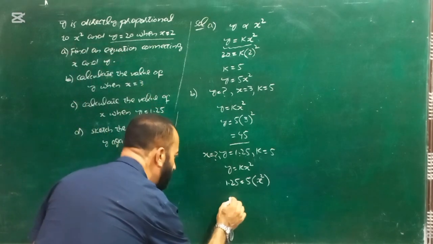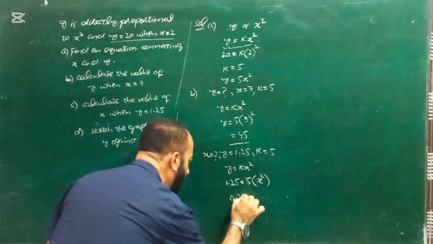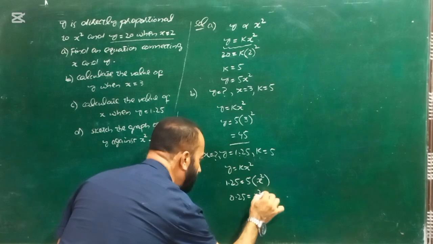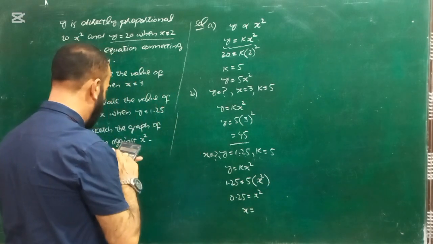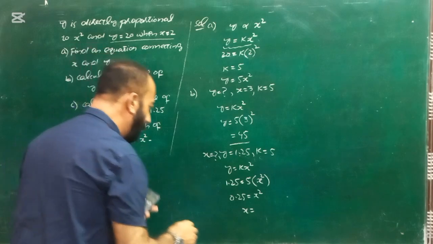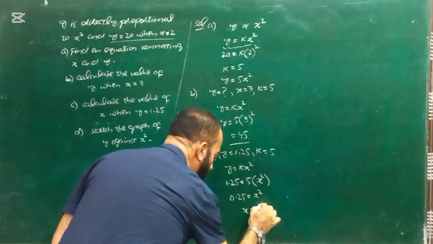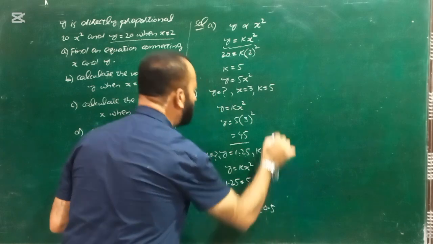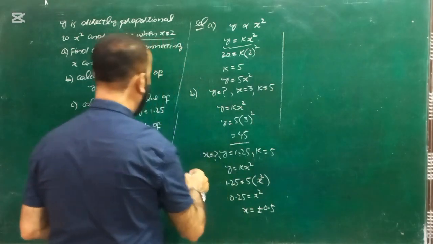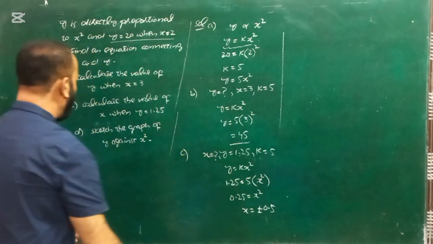This is 0.25 is equal to x square. At this step, take the square root of both sides. So x is plus minus 0.5 is the answer of C part.